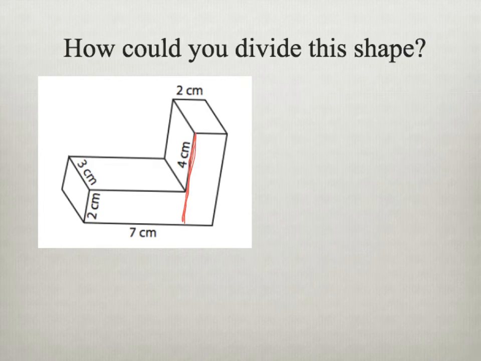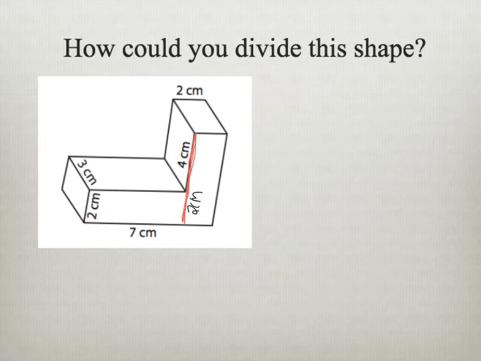One way that you could do this is because from here to here we know that this is 4 centimeters. And if we look across all the way to here, this length is 2 centimeters. Here and here, that is the same length. So we also could say that this length right here is 2 centimeters.